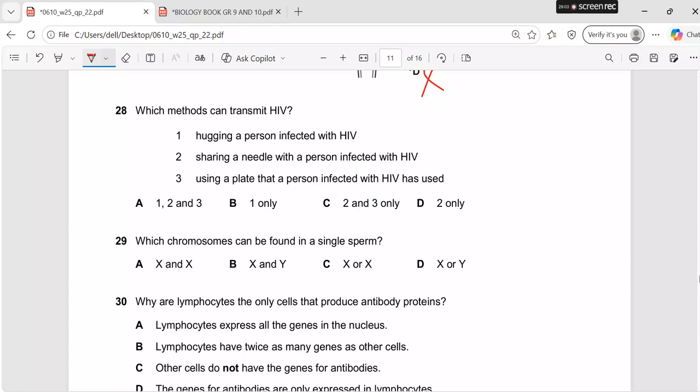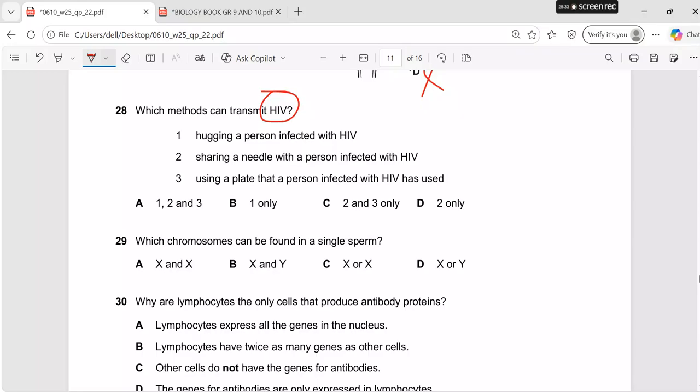So when you were studying sexually transmitted infections, you must have seen that HIV is not a virus which can simply transmit from one person to the other through physical contact.